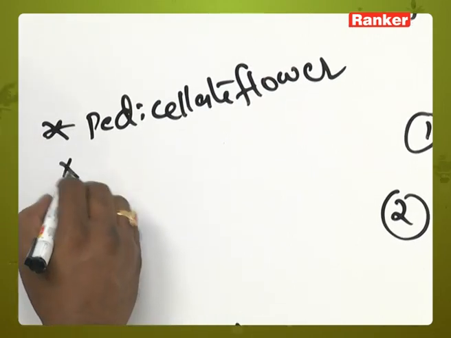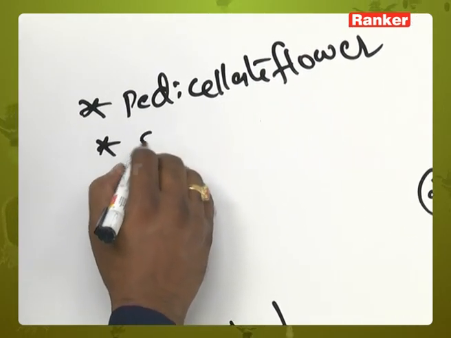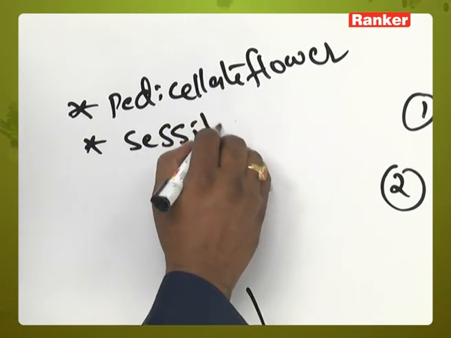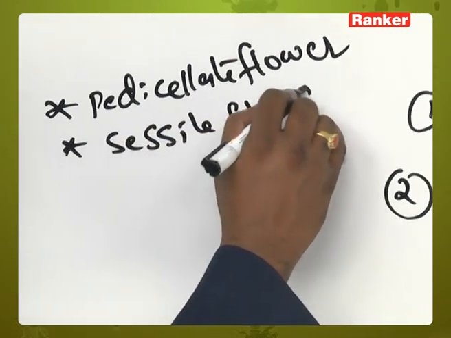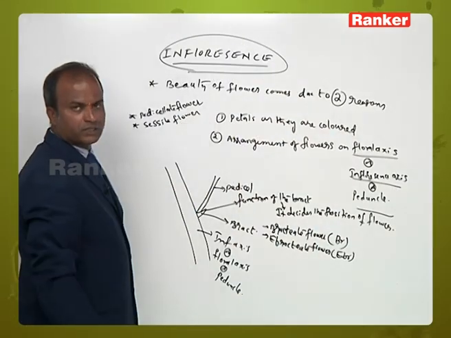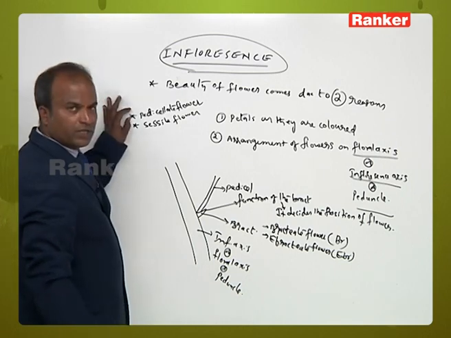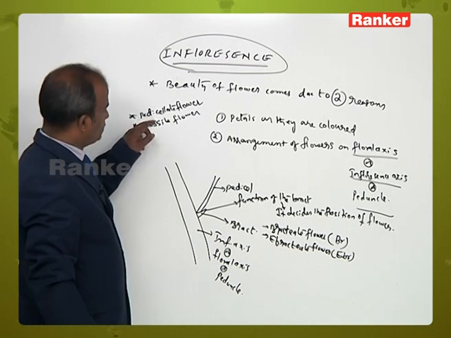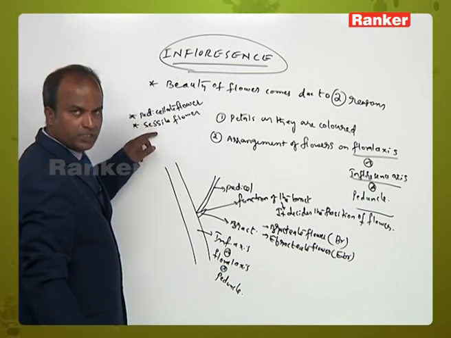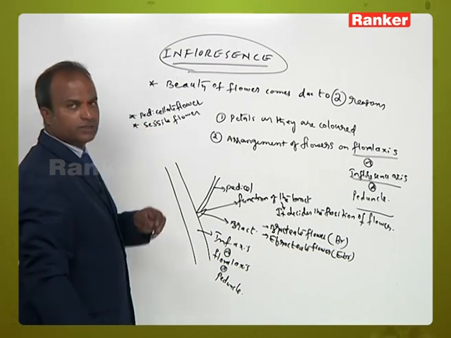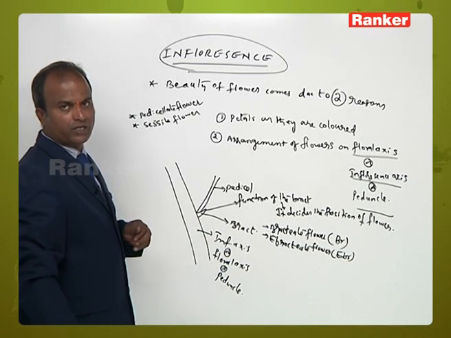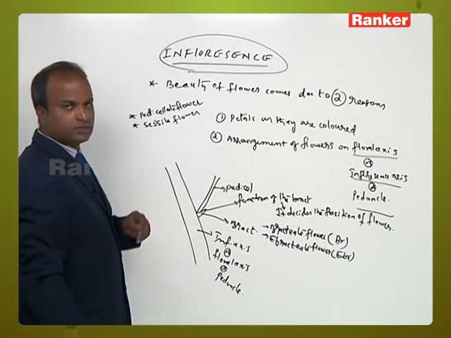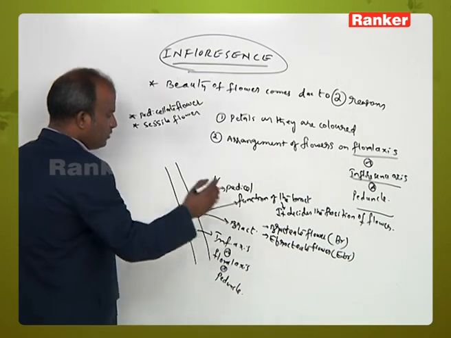If the flower does not contain pedicel, it is called as sessile flower. If the flower contains stalk, that is nothing but the pedicel, it is called as pedicellate flower. If it does not contain pedicel, it is called as sessile flower.